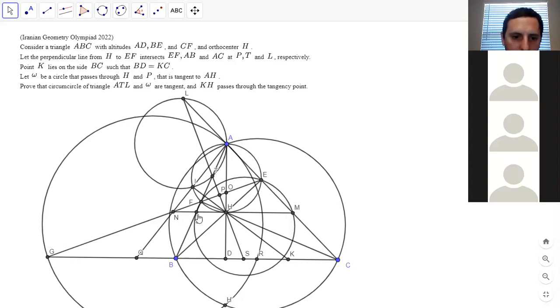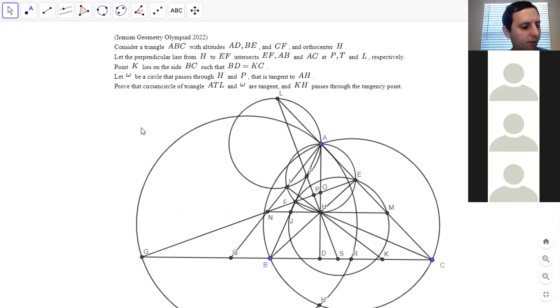Or like, what if we did FTJB and we projected it through H? So C, S, infinity, B. And then if we did M, A, and L and we projected it through H, we get B, D, S. Okay, so basically, let me write out some of the cross ratios.